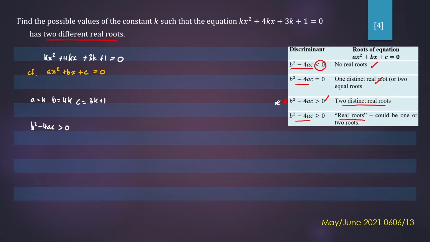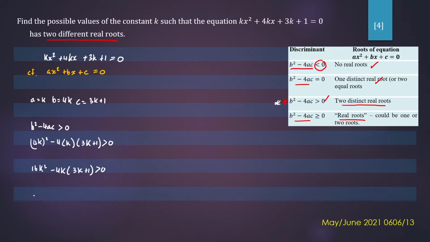So now we have an inequality we're going to need to solve. You will need to substitute the values into the inequality now. So we'll have 4k all squared minus 4 times k times 3k plus 1 greater than 0. So let's simplify. We'll have 16k squared minus 4k times 3k plus 1 greater than 0.